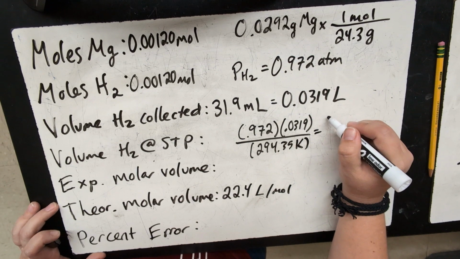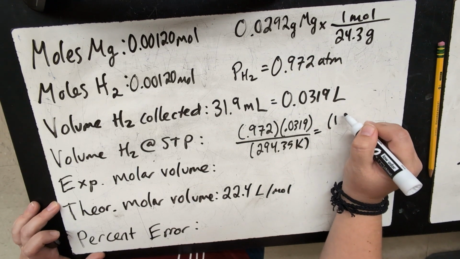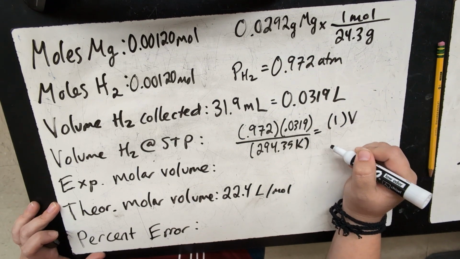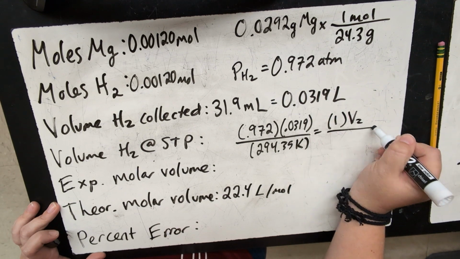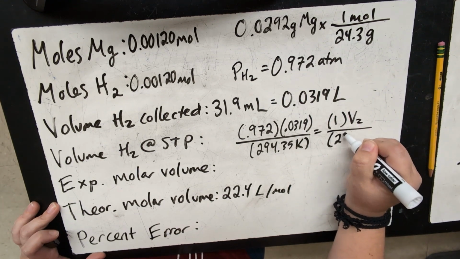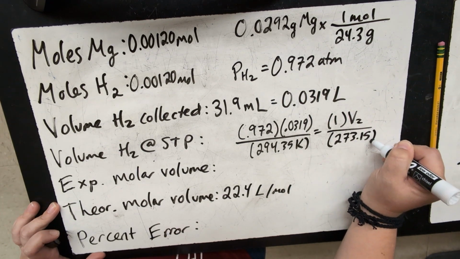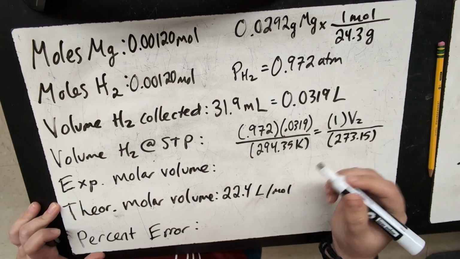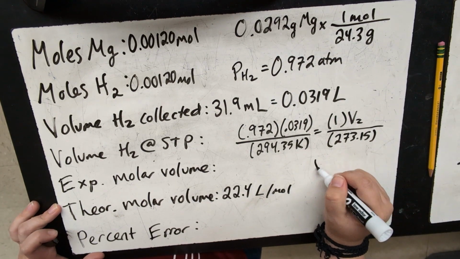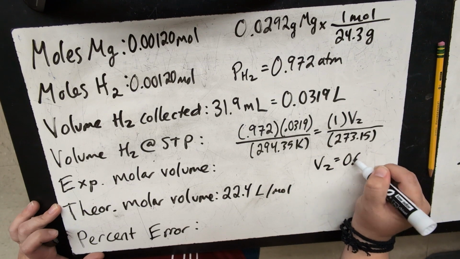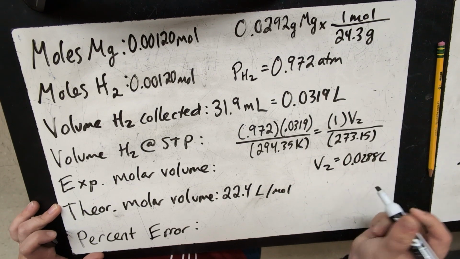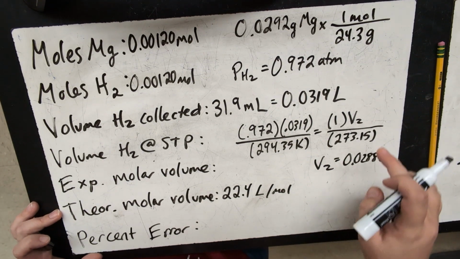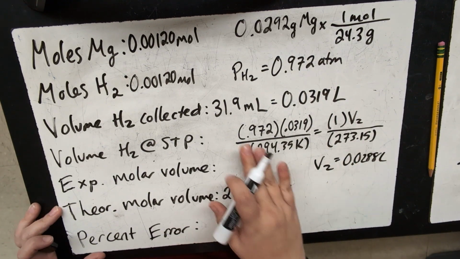Now at STP, we assume standard pressure is 1 atm. We're looking for the volume, and the standard temperature is 273.15 Kelvin. So if you solve all of that, you will get the volume V2 is 0.0288 liters. That is our experimental volume at STP.